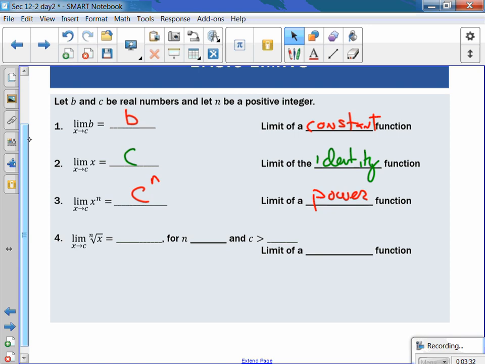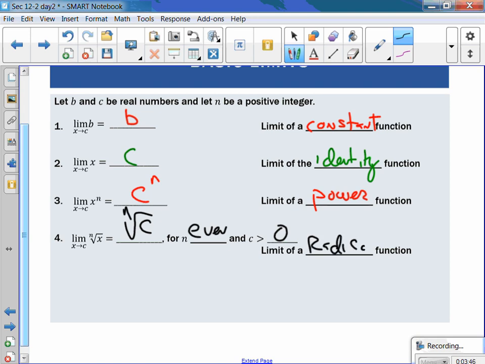Absolutely. We're just replacing our x with our c. The nth root of c, where n is even and c is positive. This is just my radical function. So with direct substitution, all I'm doing is replacing my x's with my c. Sometimes it is just that simple. There's nothing else to do.